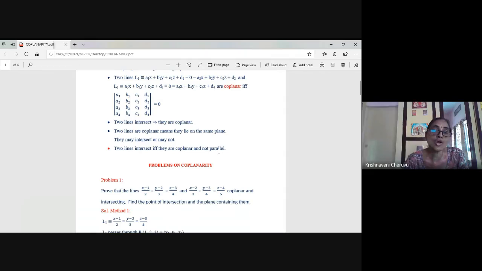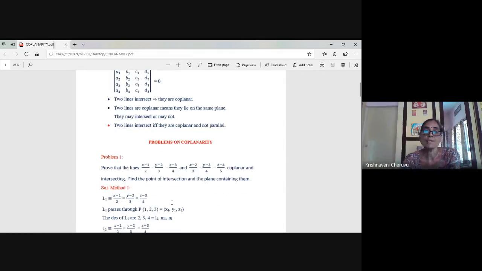Two non-parallel lines always intersect, but they must be on the same plane. So once they are in the same plane, if they are not parallel, you can confirm that they are intersecting lines. These 4 points are very important to understand the problems which we are going to do today.